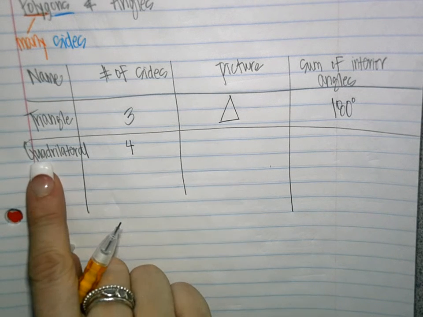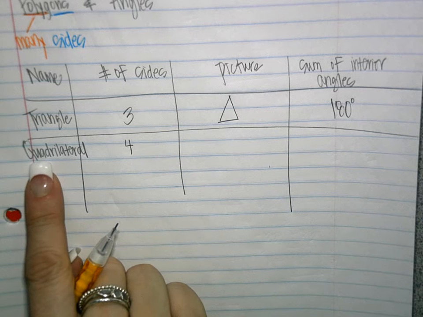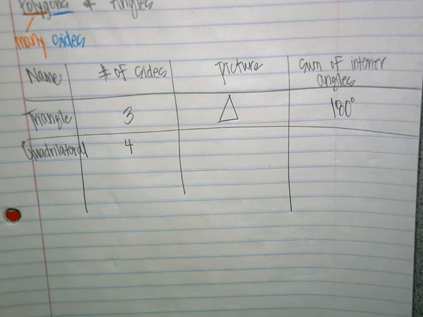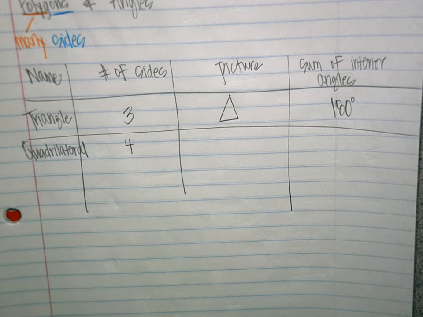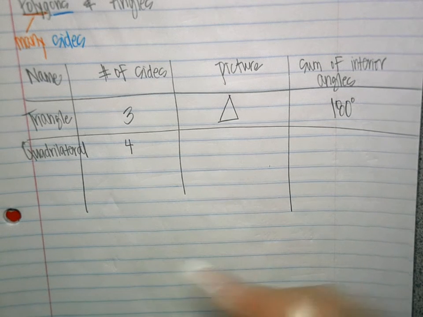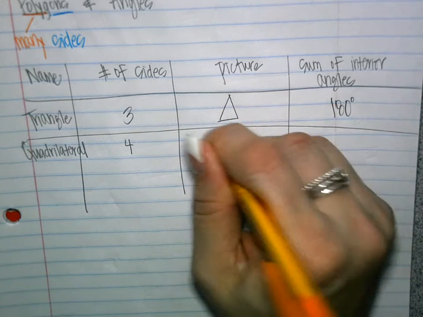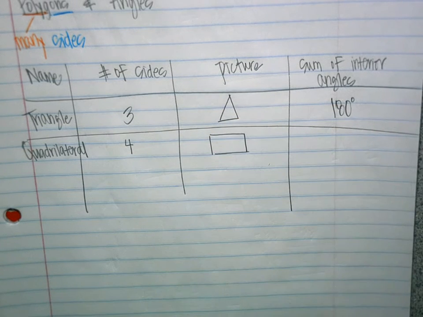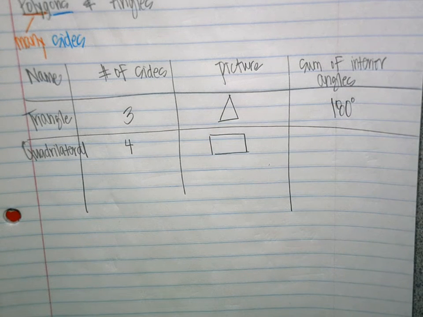That's how you can remember that a quadrilateral has 4 sides. Quadrilateral, okay? So, draw a quadrilateral. It could be a square, it could be a rectangle, it could be anything that has 4 sides.